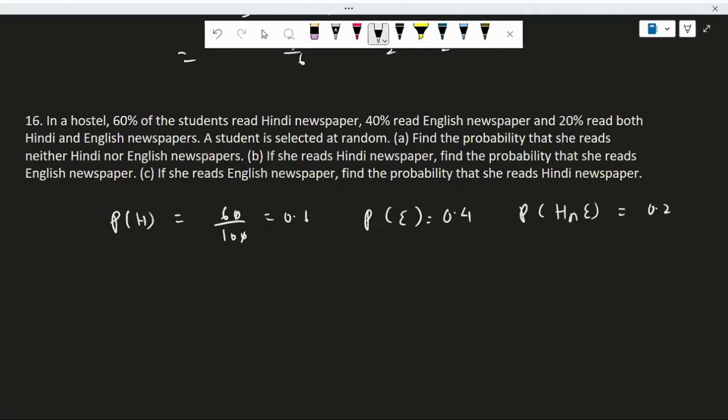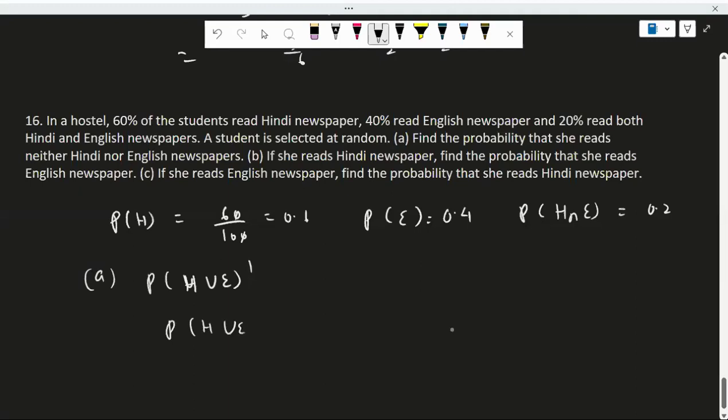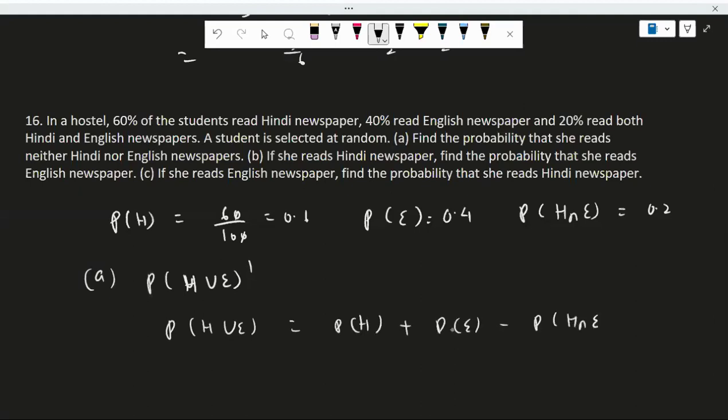A student is selected at random. Find the probability that she reads neither Hindi nor English. Neither Hindi nor English means the complement of the union. The complement of either-or is neither-nor. So we first have to find P(H union E), that is P(H) plus P(E) minus P(H intersection E).